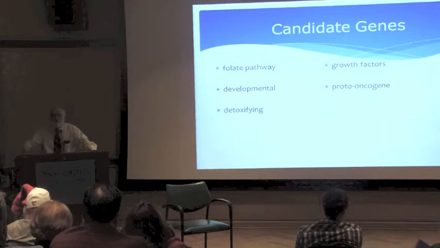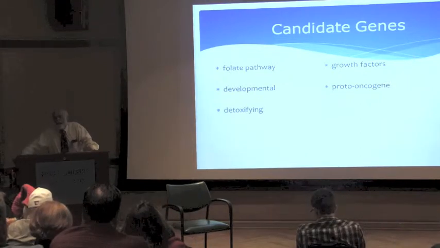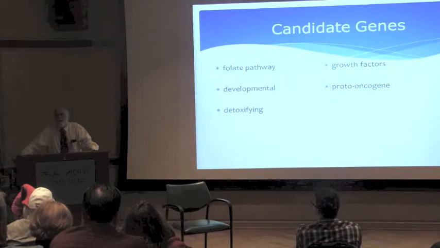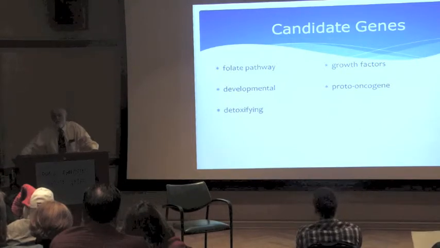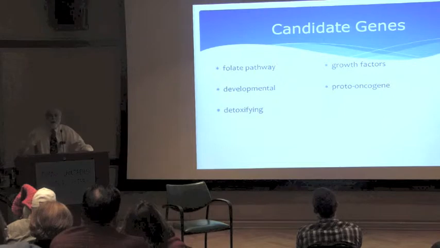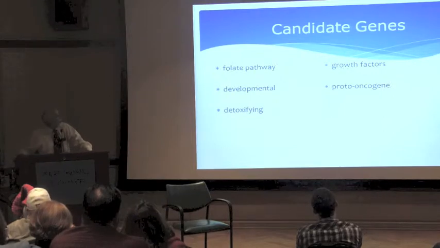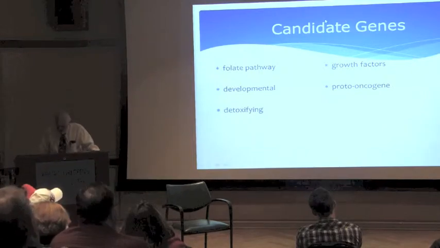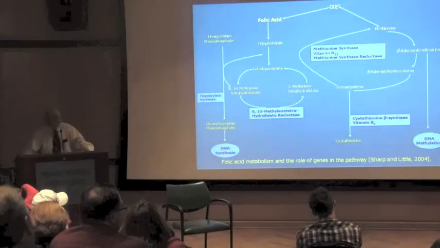But unfortunately, most of that work has not applied to us as humans as much as it has in other models where we use mice to help us understand biology, where there are still a lot of mysterious aspects. But of course, the folate pathway is our most important topic in attempts to sort this out.